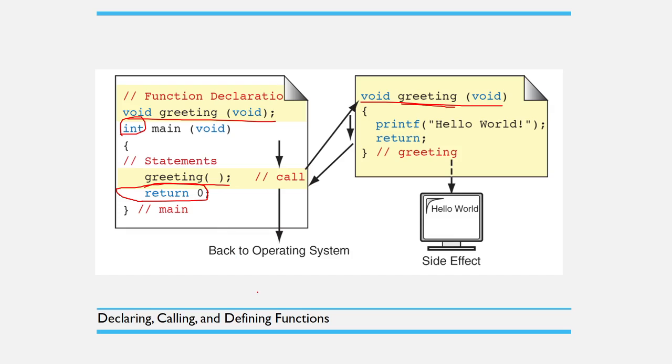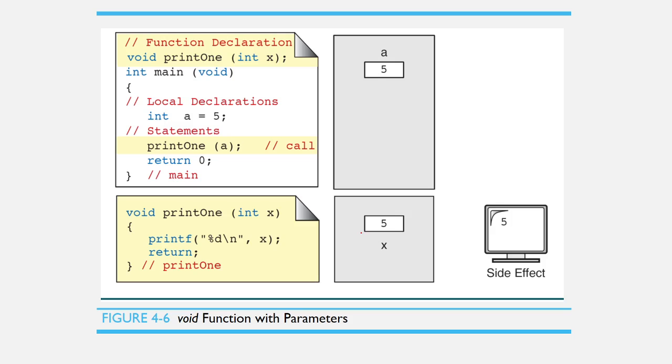So this figure shows the three important parts: declaration, calling, and function definition of a function, which appears 3 times in our program.